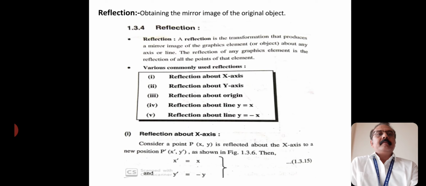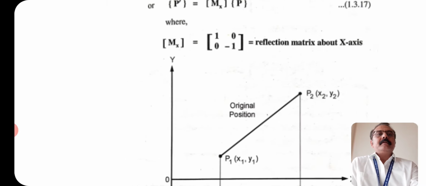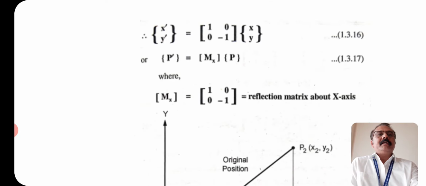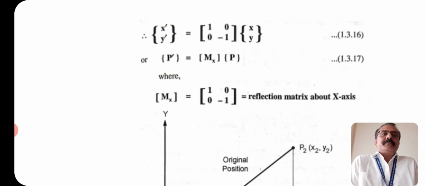Therefore the mirror matrix is [1 0; 0 -1]. Therefore the new position of point P is achieved as [x' y'] is equal to [1 0; 0 -1] into the original matrix [x y].